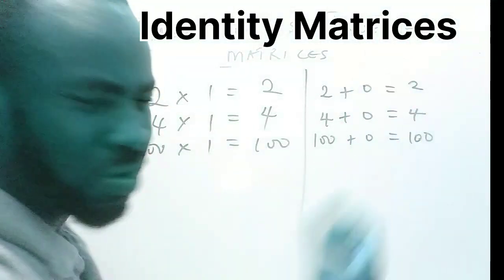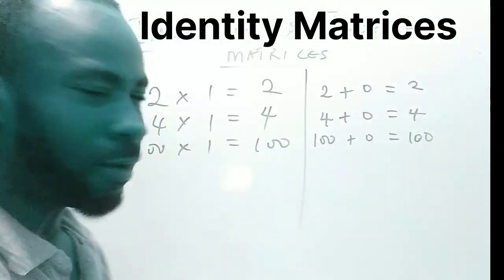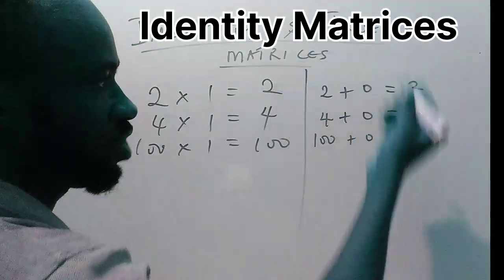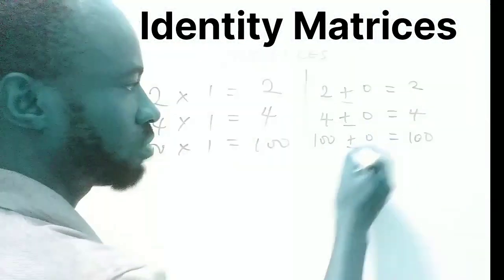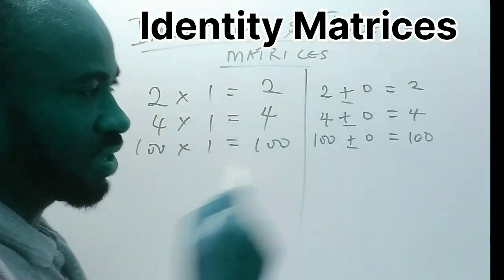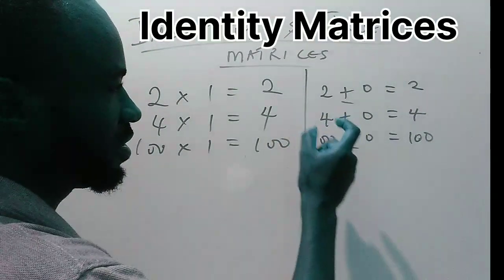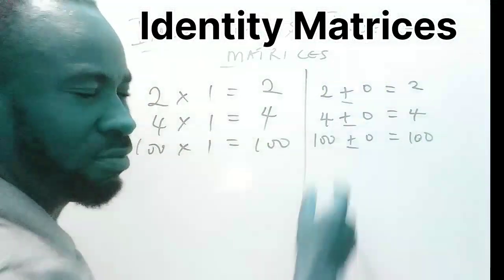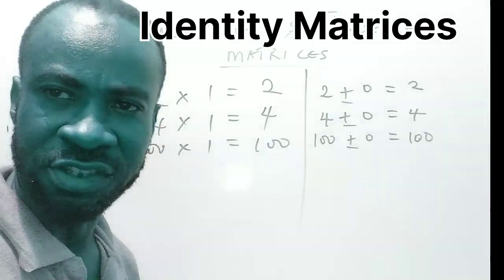So 0 is also an identity under addition and subtraction, okay? Even with subtraction, it still gives us the same value. So 0 is an identity because its effect on these numbers does not cause any change.